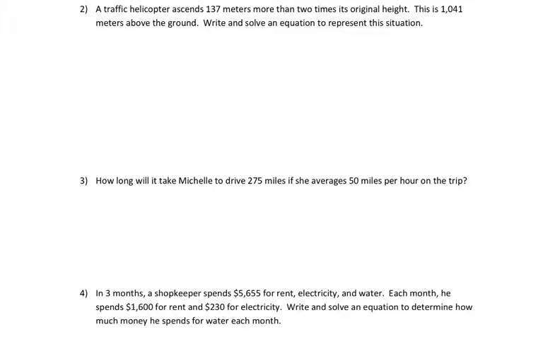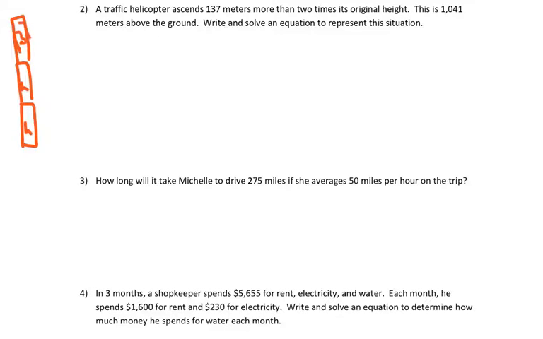Again, information is left out of this problem by accident, and our objective is to find the original height of the helicopter. So the original height we'll say is h, and since it says it's 2 times its original height, we have 2 h's here in our bar diagram, and it's 137 meters more than that. So I'm going to add a third bar, and that's 137 there.